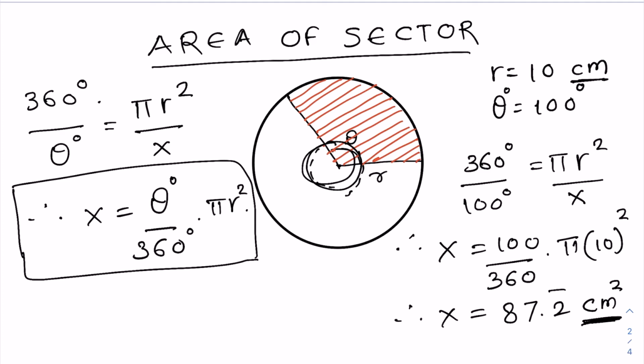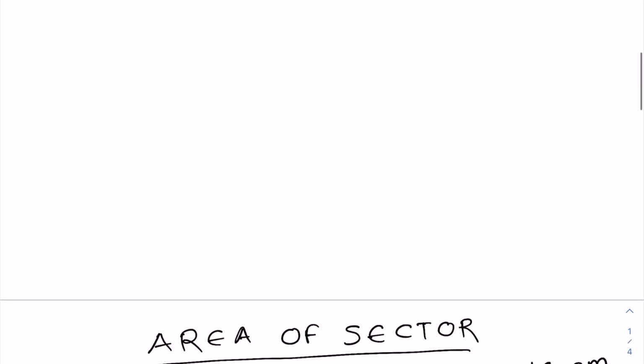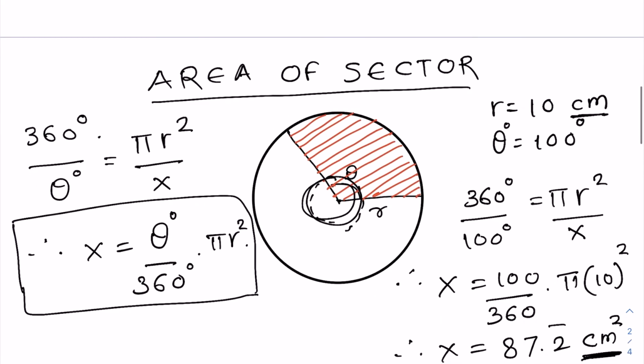Now, how are we able to apply this to the area of a sector and the arc length? We are able to apply the proportionality principle here, because as the central angle grows, so does the area, and as the central angle grows, so does the arc length.